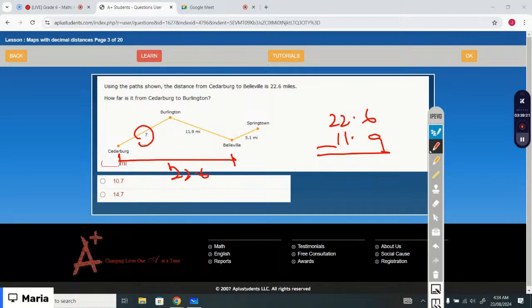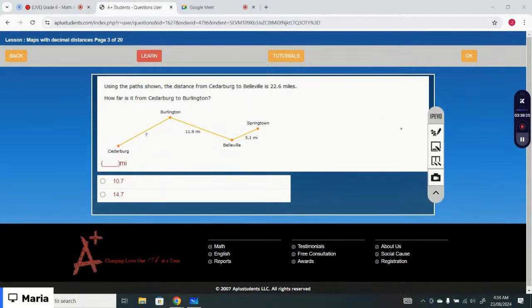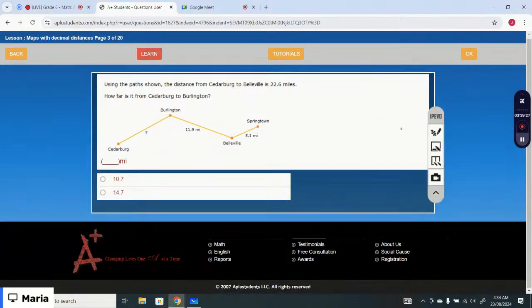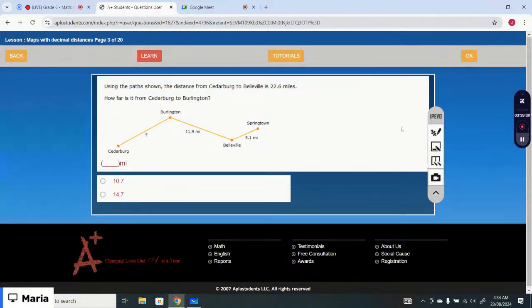That is 10.7. Option number 1 is the correct option. The correct option is 10.7.